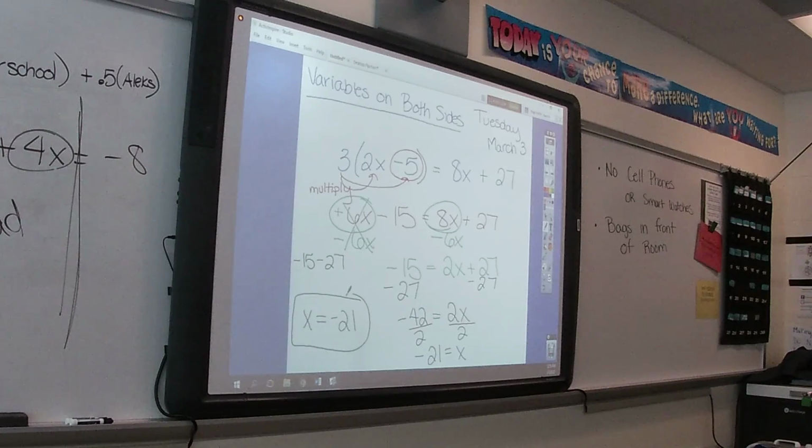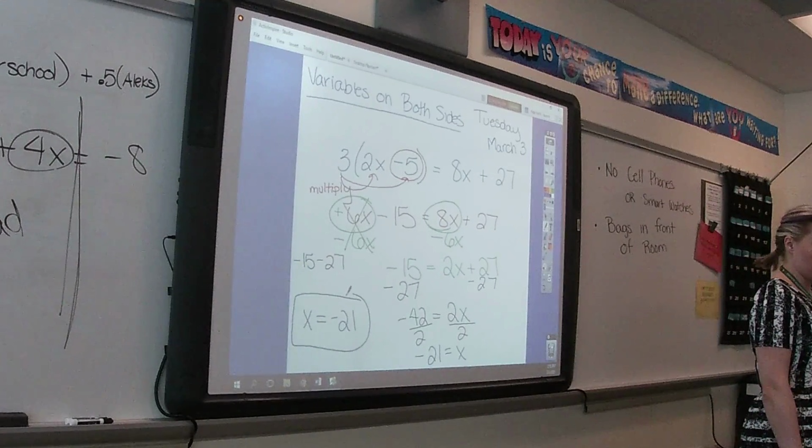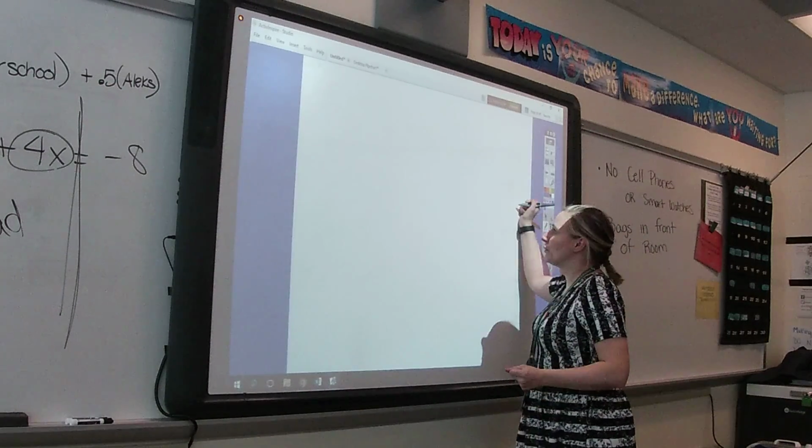Okay, now, when we are solving with variables on both sides, it opens the door for some problems to come up. And they don't work out how we kind of think they should.